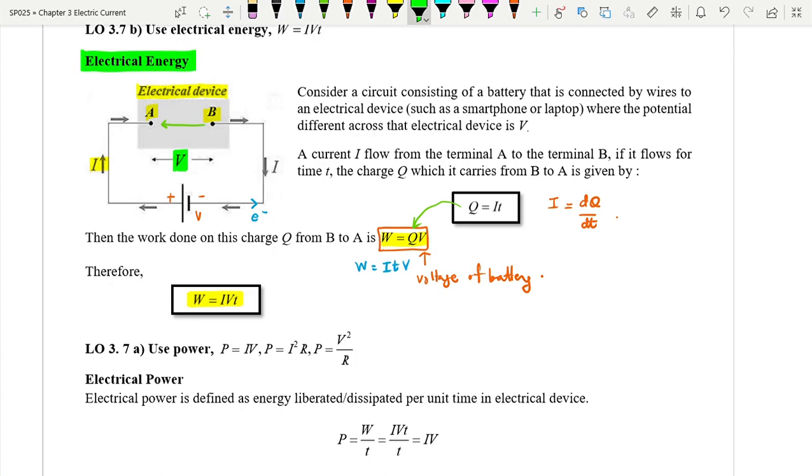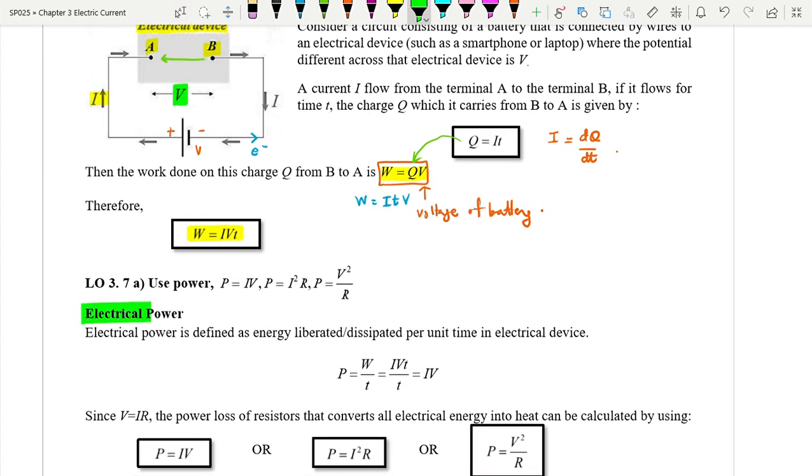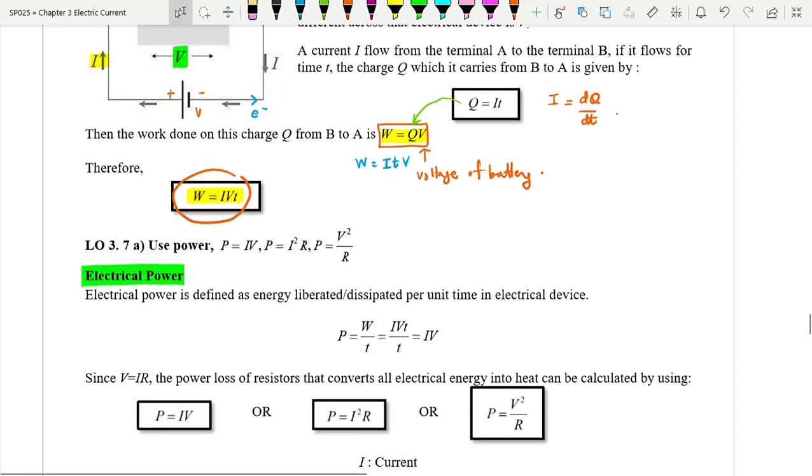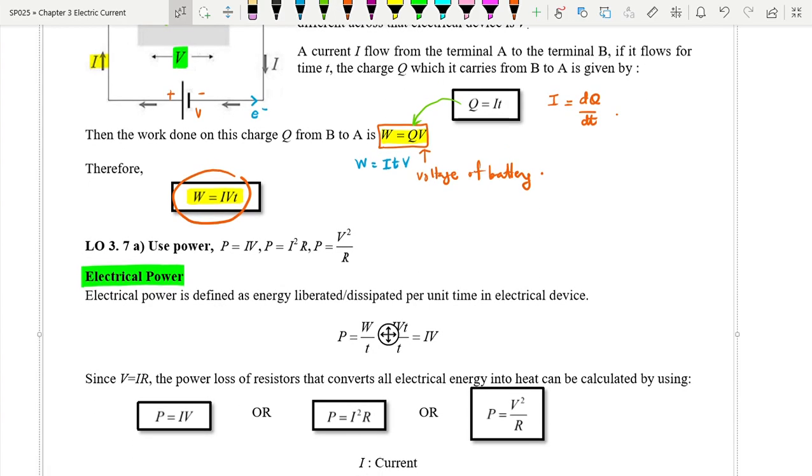Next we want to focus on electrical power. For power, the symbol is P. So how does the formula for power come out from the formula W equals IVT? We go to the definition of power. We actually learned from semester 1 that power is defined as work done or energy per unit time.